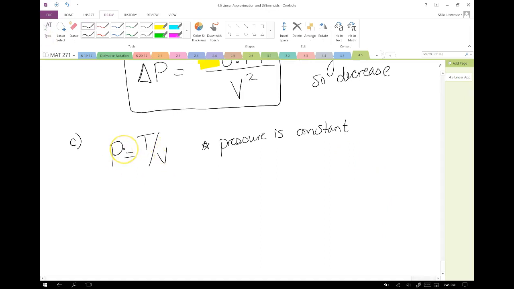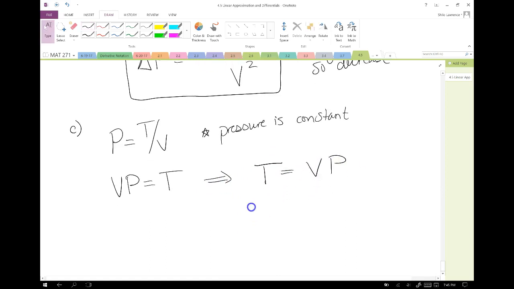So I'm actually going to multiply the V over. So I'm going to say VP equals T, and P is the constant here. And I'm actually going to say it's T equals VP because I want T to be my output variable.